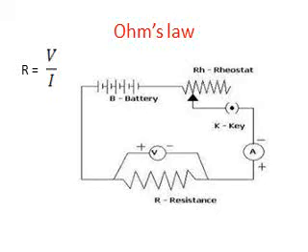A scientist called Ohm made this circuit, which consists of a battery, a key, an ammeter, a voltmeter, and constant and variable resistance to find the relation between the potential difference and the current intensity.